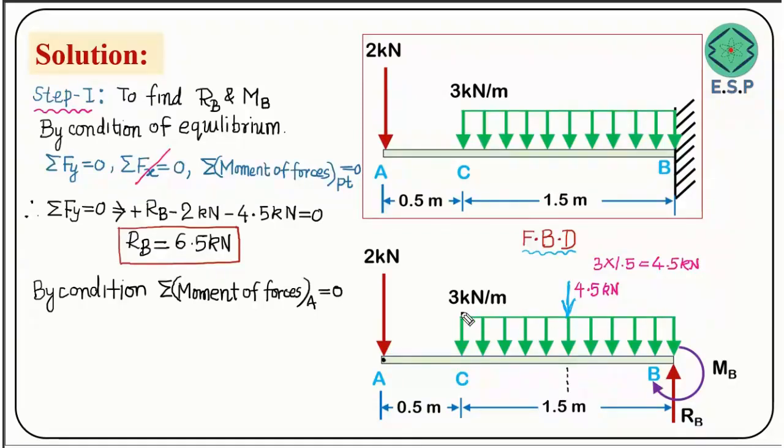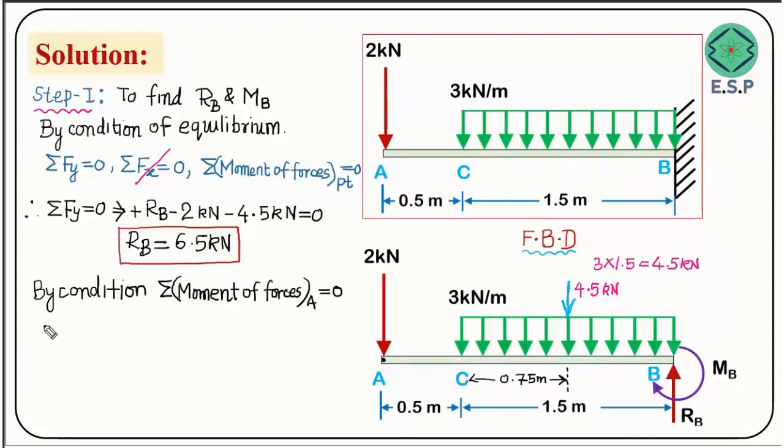This distance will be 1.5 divided by 2, that is 0.75 meters. So now we'll find out the moment of this 4.5 kilonewton about this particular point. The distance of this particular force from this point is 0.5 plus 0.75, so it is going to be 1.25 meters. So 4.5 is the force and this distance from here is 1.25.